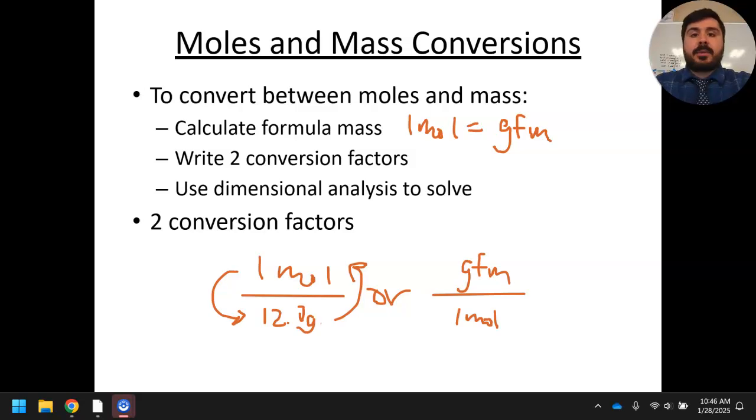Okay, but again, if we're not talking carbon, this is obviously going to be different based on whatever substance we're talking about. Let's say we're talking about nitrogen. Well, 1 mole of nitrogen is going to be equal instead now to 14.0 grams of nitrogen. Okay, so again, it's very, very specific to whatever substance we're talking about.